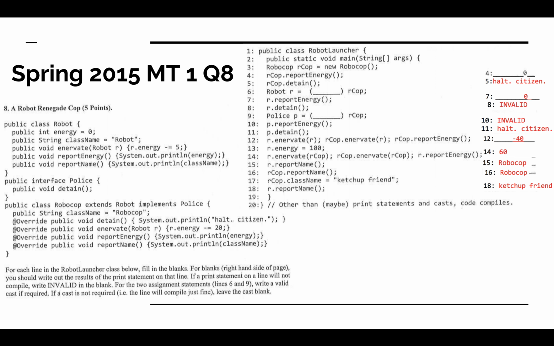And then when you call r.enervate on rcop, we know the dynamic type is Robocop, so it goes into this function. Then it subtracts 20. So it does r.energy subtract 20, which becomes 80. And then it does rcop.enervate(rcop). And we know that rcop's thing is the same. Okay, got it.